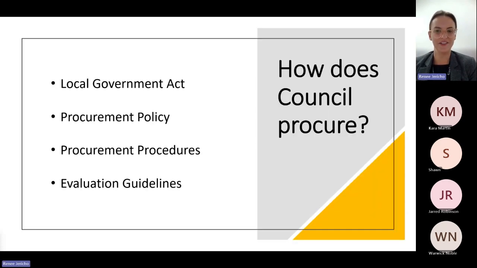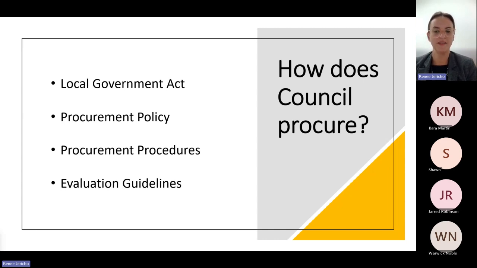Council staff can't just go out and buy things however they want. The Local Government Act places legislative requirements on council to have procurement policies and procedures in place. And these documents need to ensure that council undertakes procurement activities in a manner that is accountable and transparent in spending public money, and that all participants are treated fairly and equally.